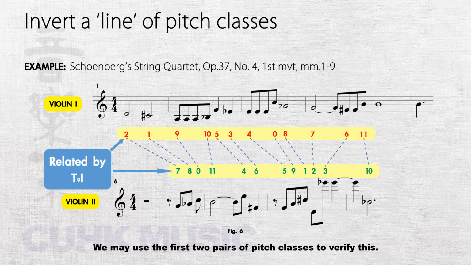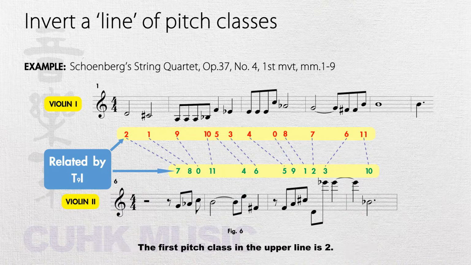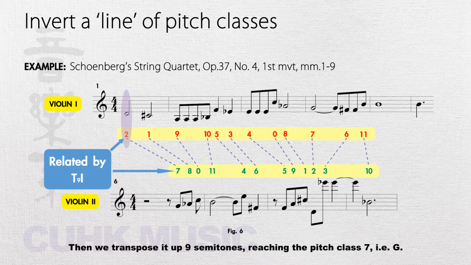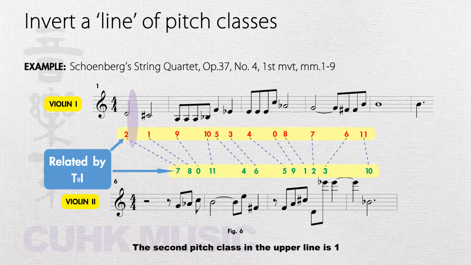We may use the first two pairs of pitch classes to verify this. The first pitch class in the upper line is 2. To perform inversion T9I, we first invert it around 0, resulting in the pitch class 10, in other words B flat. Then we transpose it up 9 semitones, reaching the pitch class 7, in other words G. The second pitch class in the upper line is 1.